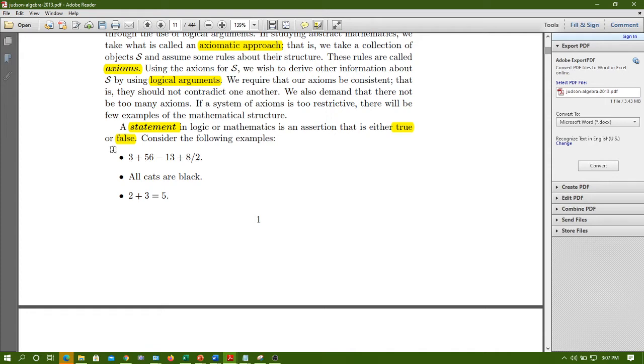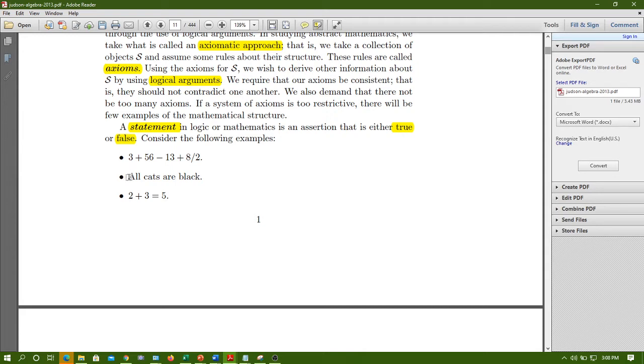But when we talk about a statement in mathematics or in logic, that statement can either be true or false. So consider the following examples. 3 plus 56 minus 13 plus 8 over 2. All cats are black. 2 plus 3 equals 5. Any observation of these examples?